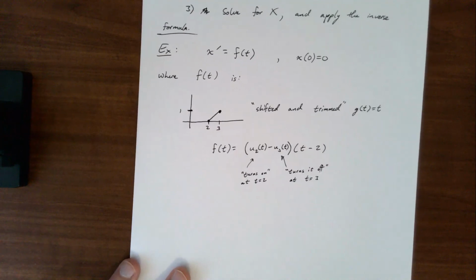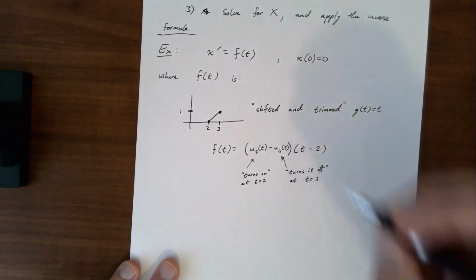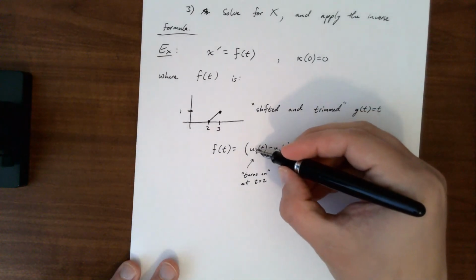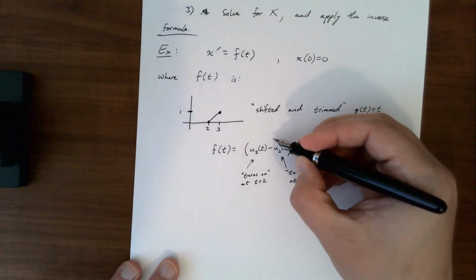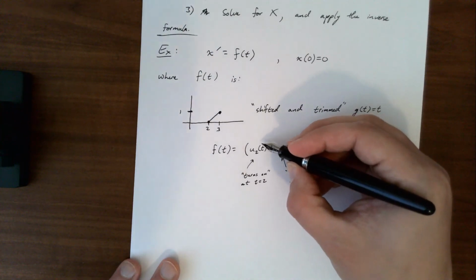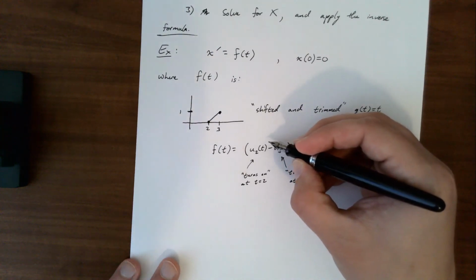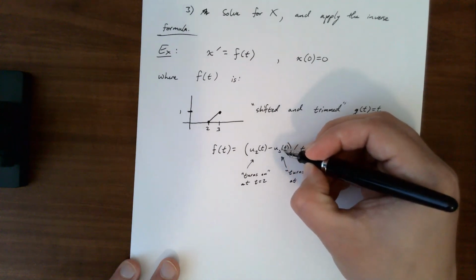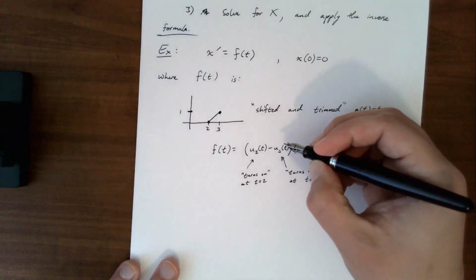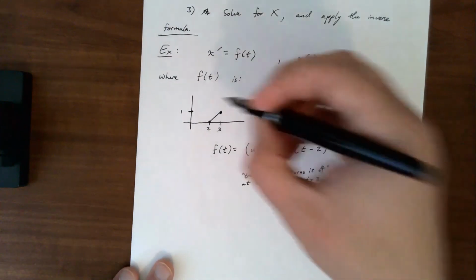So if you look at what's happening here, it is nothing, nothing, nothing until t equals 2. That's when u of 2 kicks into gear, becomes equal to 1. And then it's 1, 1, 1, 1, 1, and then it's 1 minus 1 from 3 on. So basically it cancels it out.